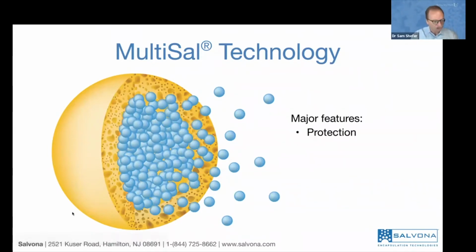The major feature of this technology is that it provides very good protection: protection from premature release, and protection from heat, because you're going to use functional ingredients in hot melt. It also enables triggered release, and the triggering factor is water.